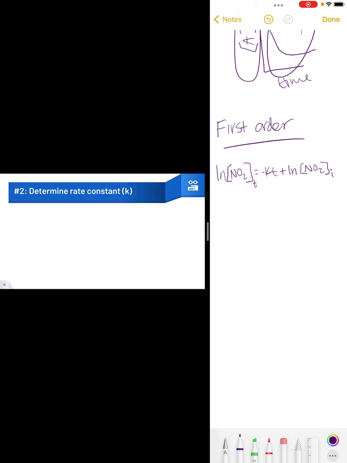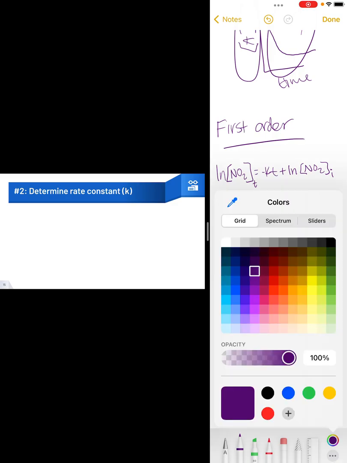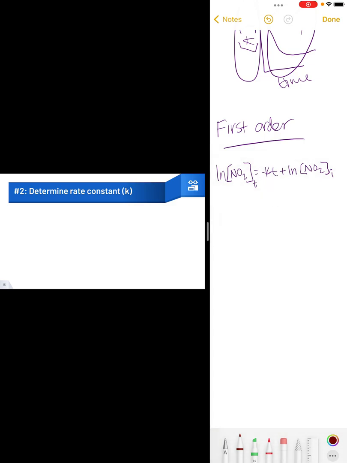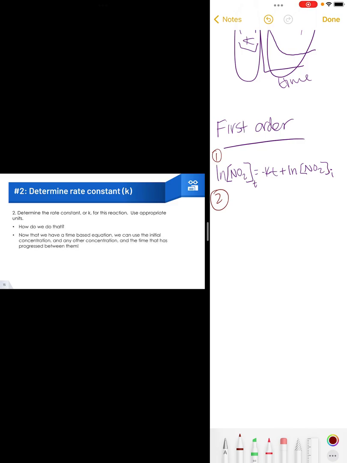Number two, determine the rate constant. So this time I am solving for K. I'm going to change colors. Okay, so that was number one. This time I'm solving for K. When I'm solving for K, I need some data to plug into my equation.